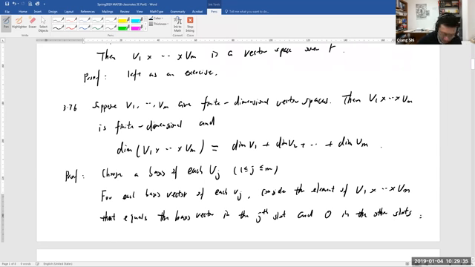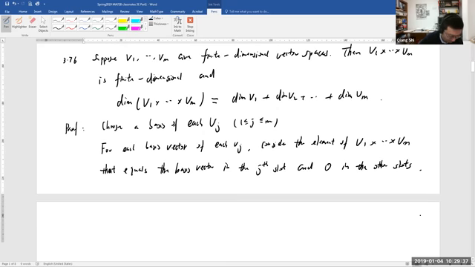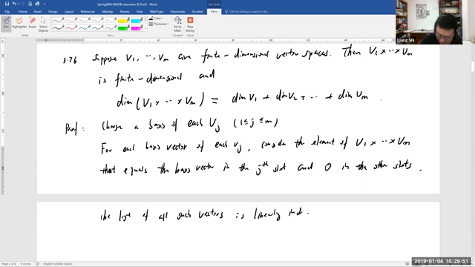Then this list of all such vectors is linearly independent. We're just claiming that. Strictly speaking, we need to verify this, but it should be pretty straightforward to check. It's linearly independent, and we also claim this list spans the product space.